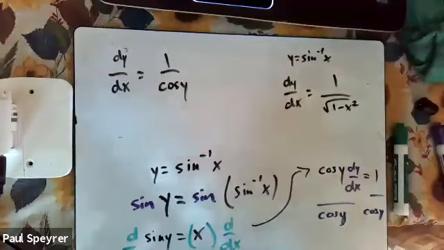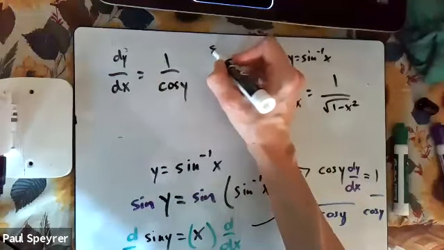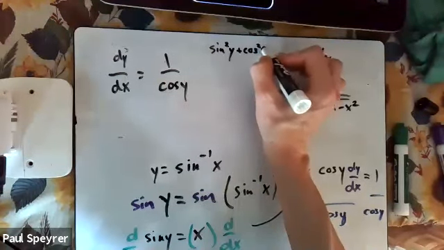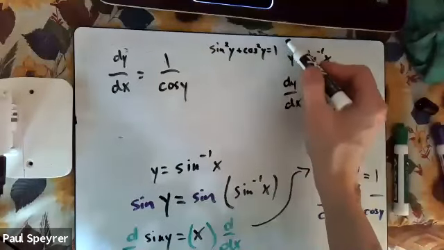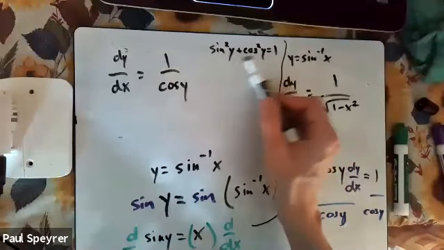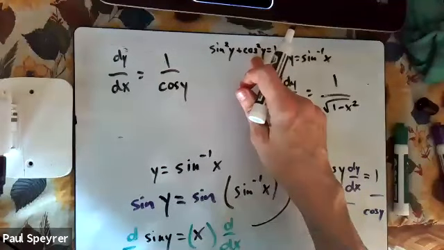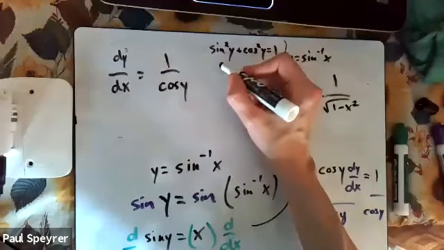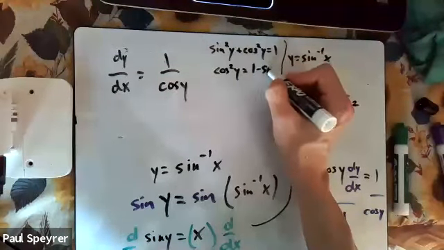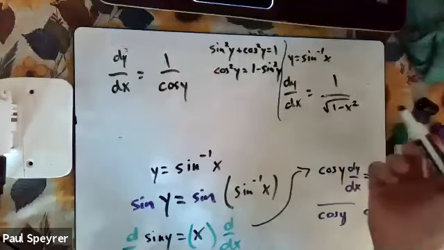Well, remember the Pythagorean theorem, right? Y'all remember that? Like we have sine squared of y plus cosine squared of y equals 1. Same thing as saying sine squared x plus cosine squared x equals 1, right? As long as these letters match, that's what matters with the Pythagorean theorem. Now, if we isolate cosine squared, we have cosine squared of y equals 1 minus sine squared y, because I just subtracted sine squared from both sides.